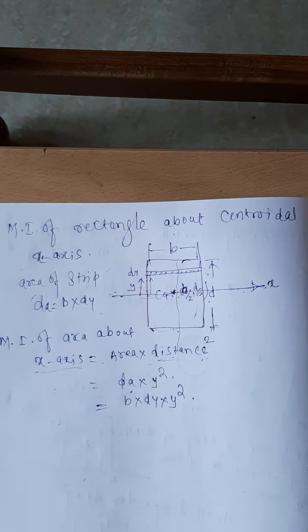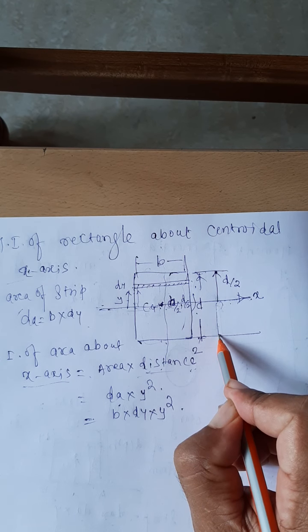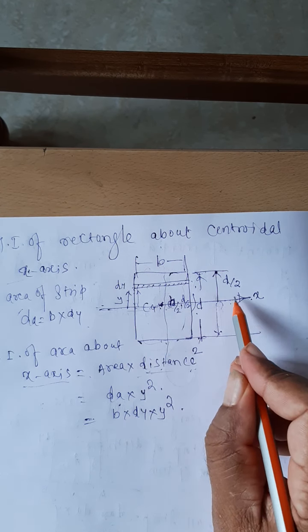I got only this small strip. I want to cover the whole area, which means this strip is to be moved from one end to the other end like this. What is the value of y for this point? It is d by 2. And for this point, the distance from the x-axis is again minus d by 2, right? Therefore, this is to be integrated from plus d by 2 to minus d by 2 to get the moment of inertia of the whole figure, right?